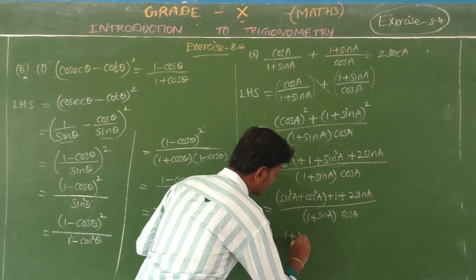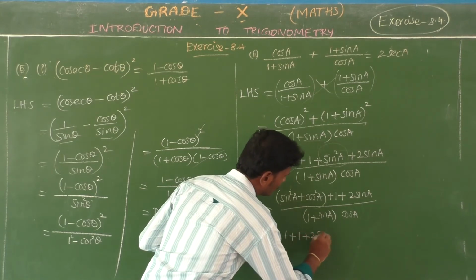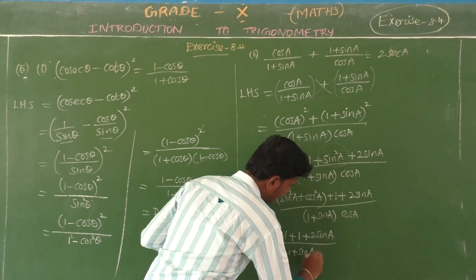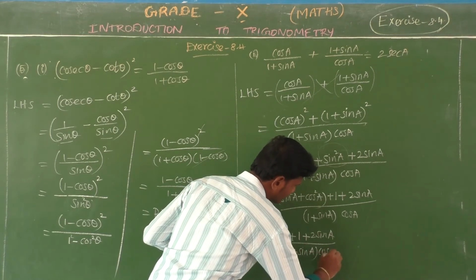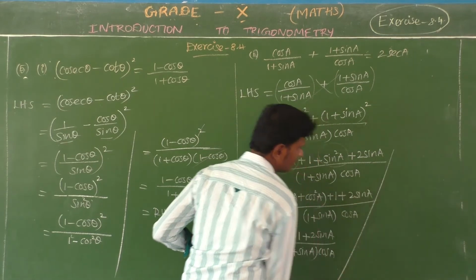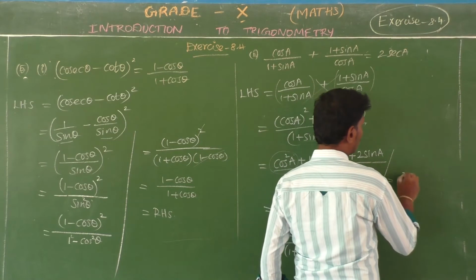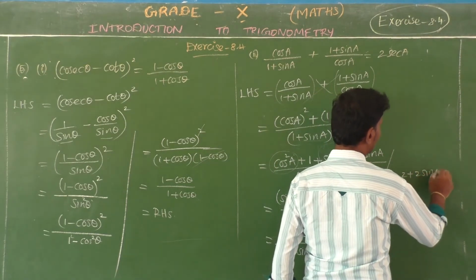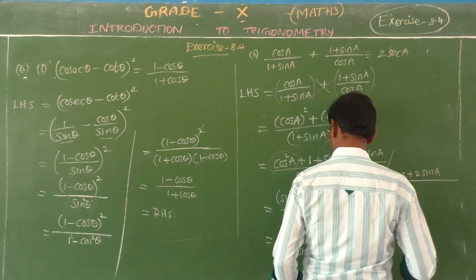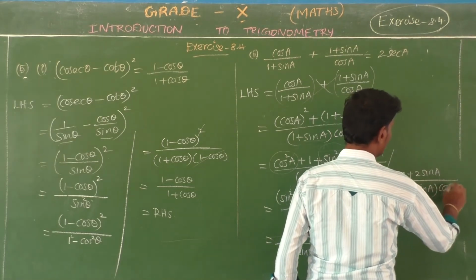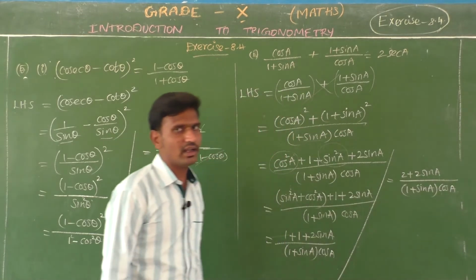Now 1 plus 1 plus 2 sin A, the whole divided by (1 plus sin A) into cos A. Now 1 plus 1 is 2. So 2 plus 2 sin A, the whole divided by (1 plus sin A) into cos A.